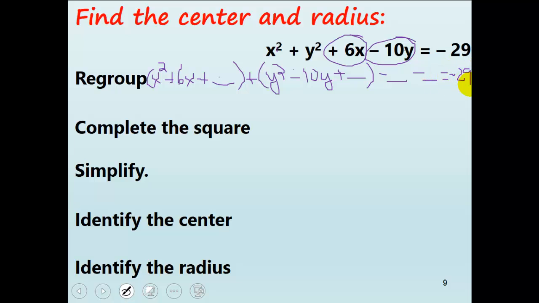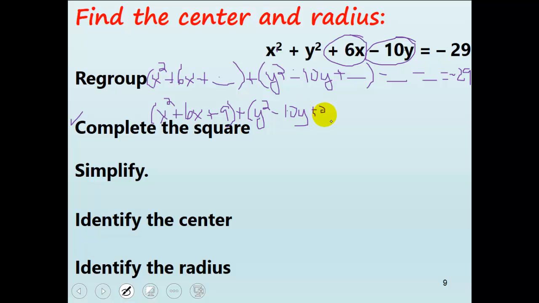Okay? Now I'm going to actually do that completing the square process. So I'm doing this step, but I'm going to start from here. So I have x squared plus 6x plus, now I'm going to take half of 6, that's 3, and I'm going to square it. 3 squared is 9. Then I have my y squared. I'm going to take half of -10, and I'm going to square it.